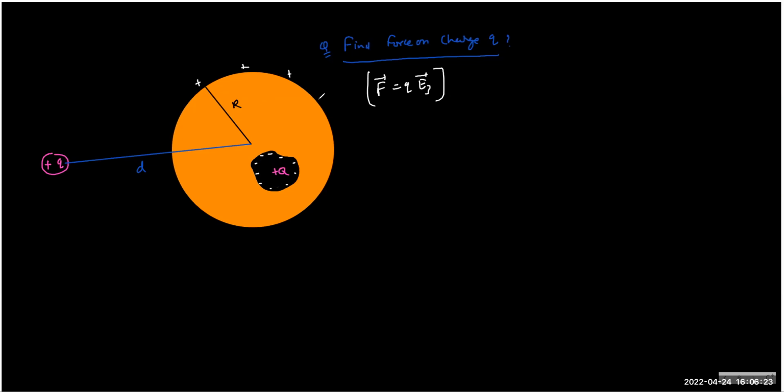And this plus q will distribute spherically due to the repulsion. Because the surface is spherical, the inner surface will have a non-uniform distribution, but the outer surface will have a uniform distribution. So actually, the charge plus small q will interact with the electric field of which charge?